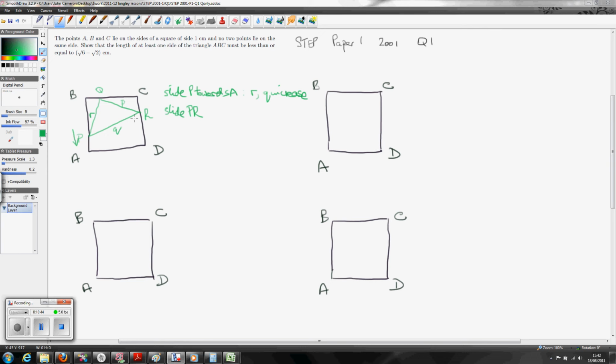Okay, so I'm sliding PR uniformly down so that q remains the same length, but r and p get bigger.